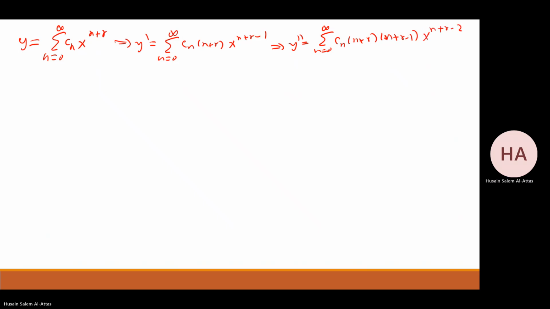Okay, now multiply the first by 3x. So I have 3x y double prime plus 2 y prime minus y. That will be 3x times this.